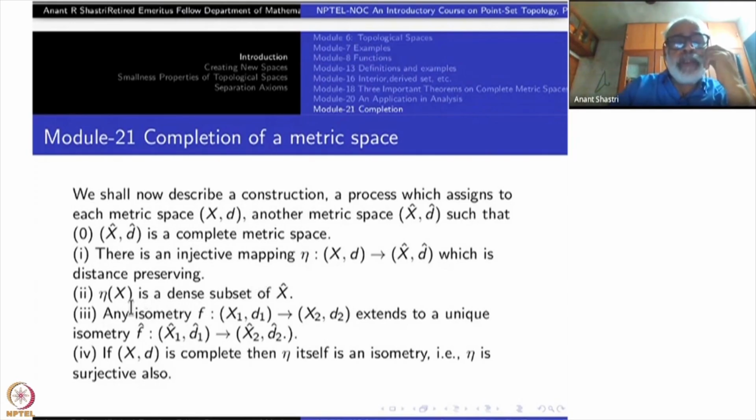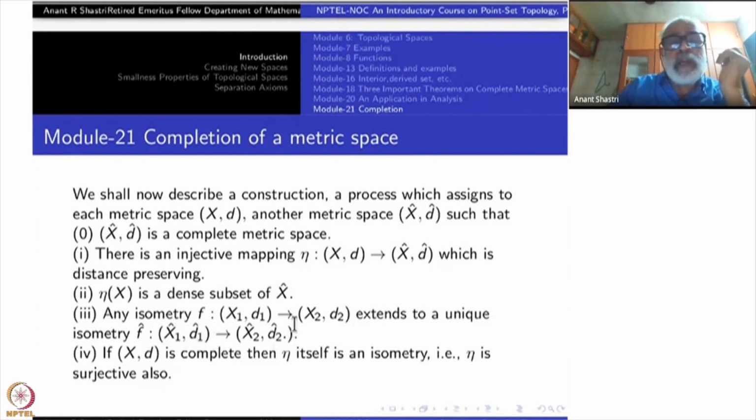The image eta(X) is dense in X hat. Any isometry f from (X1, d1) to (X2, d2) extends to a unique isometry f hat from (X1 hat, d1 hat) to (X2 hat, d2 hat).